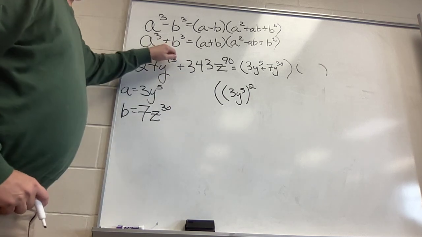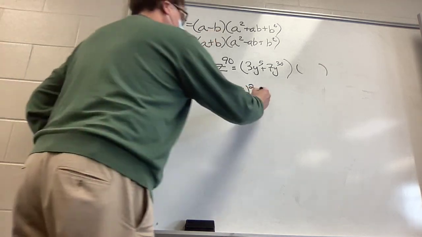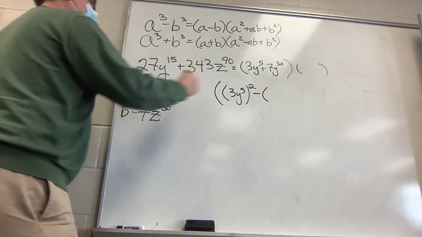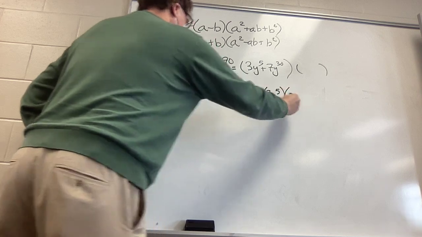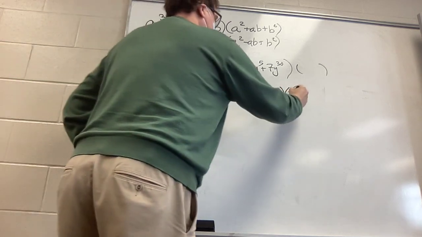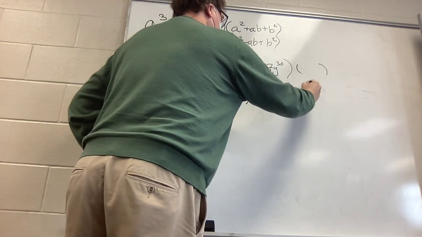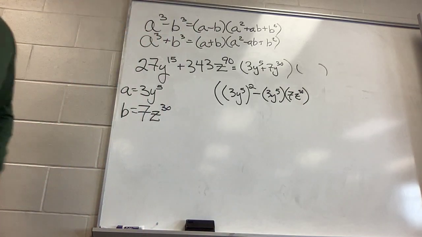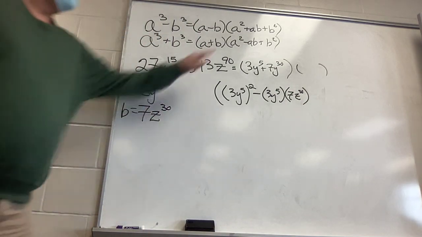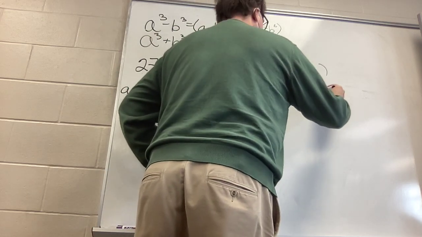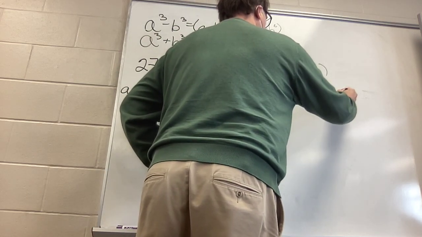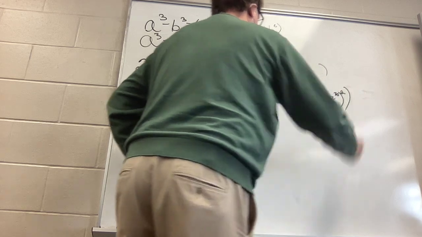The formula, minus a times b, minus 3y to the 5th times b, 7z to the 30th. Plus b squared, plus 7z to the 30th squared.